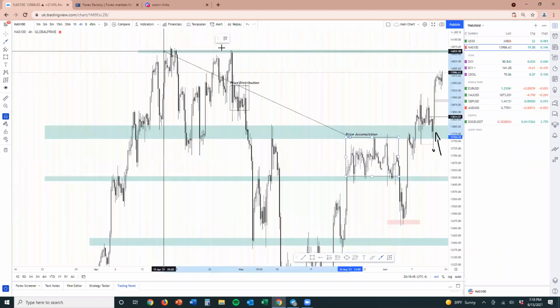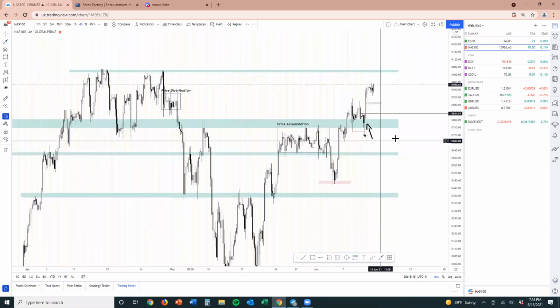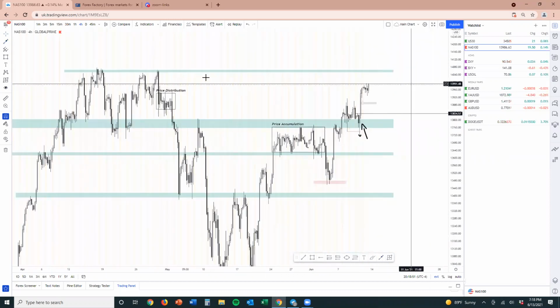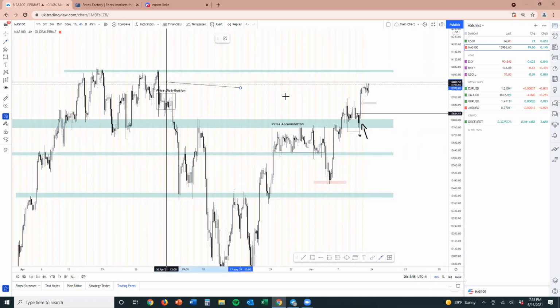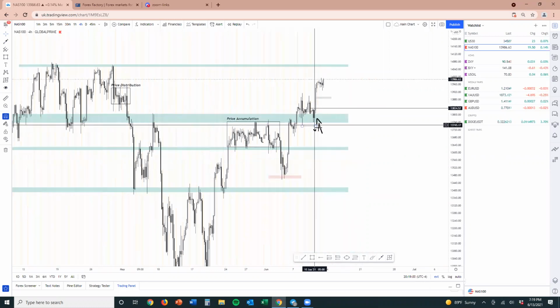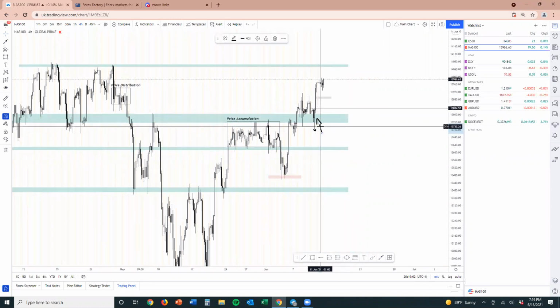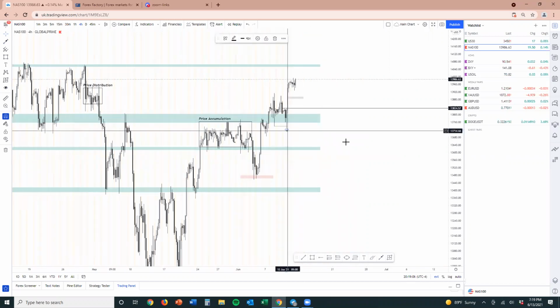We touch our high and then we instantly start to come back down. And that's where we can maybe see NAS reverse to the downside. But as of right now, I see it at least coming up to touch these previous highs. So there is your NAS analysis for this week.